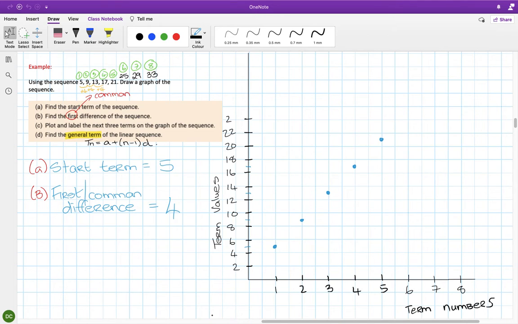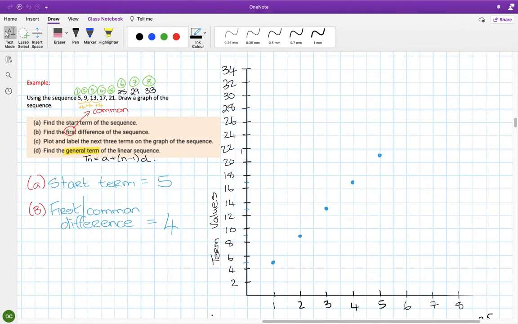So 24, 26, 28, 30, 32, 34. Alright, so I'll add in the additional. So the 6th one is 25.